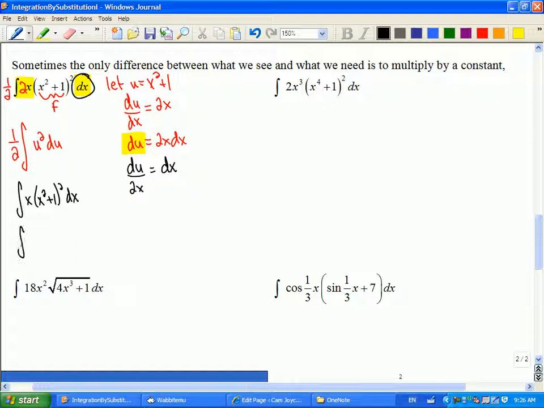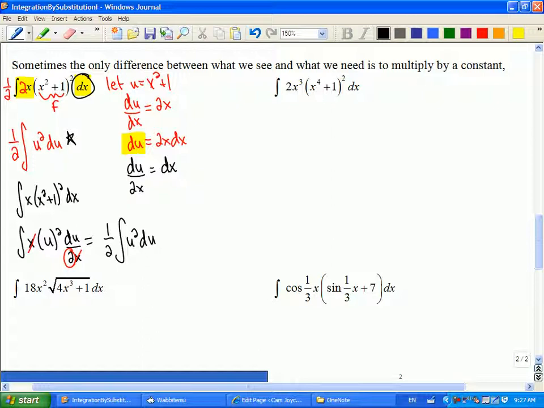That'll be the integral of u squared, and dx is equal to du over 2x. So those are gone, and what I'm left with is this half on the bottom. So it's going to be 1/2 the integral of u squared du, which is exactly the same as what we had in the other way, right?